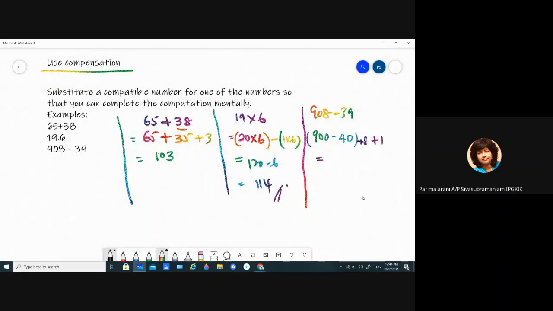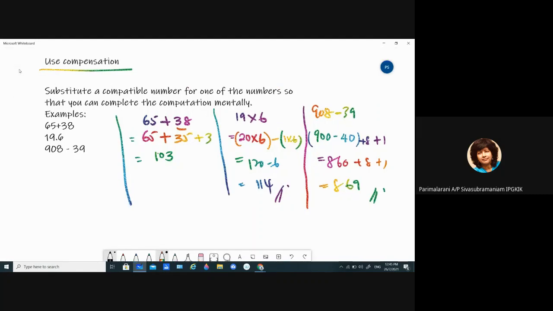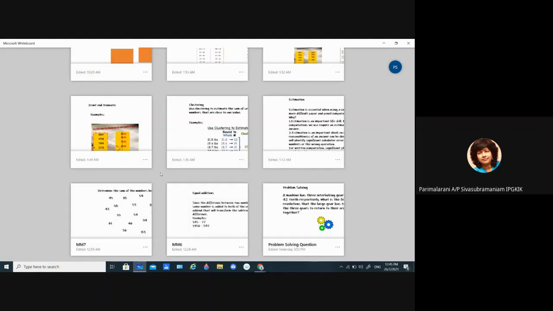So 900 minus 40 is 860, plus 8 plus 1 is 869. So this is using compensation to calculate mentally. It is good for students to go through all this so that when they see a sum, they can straight away do it mentally. They must learn all the different strategies.